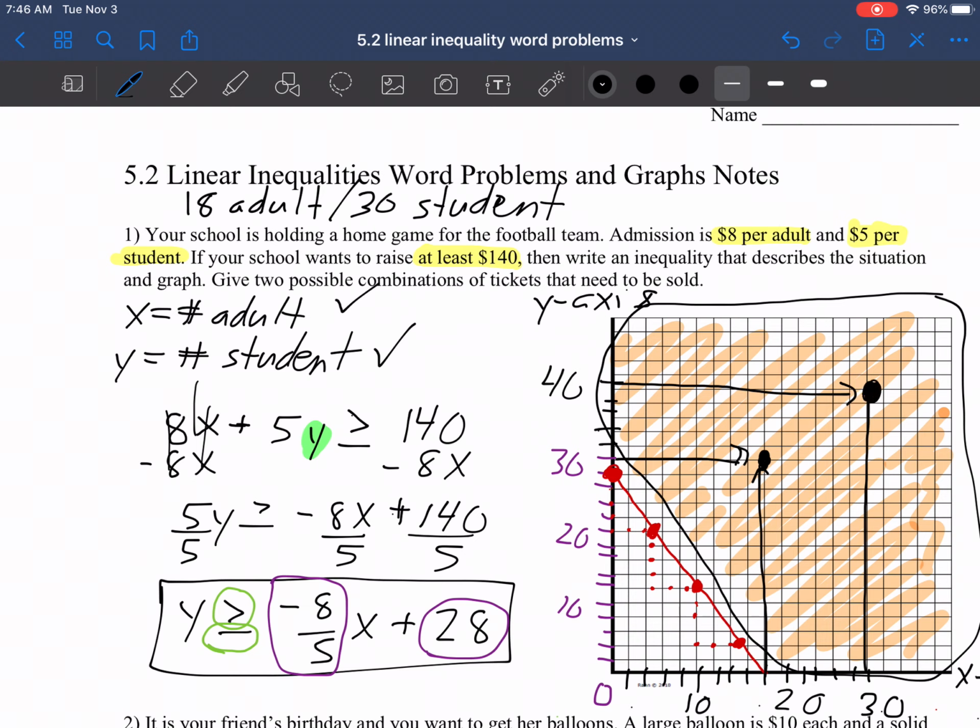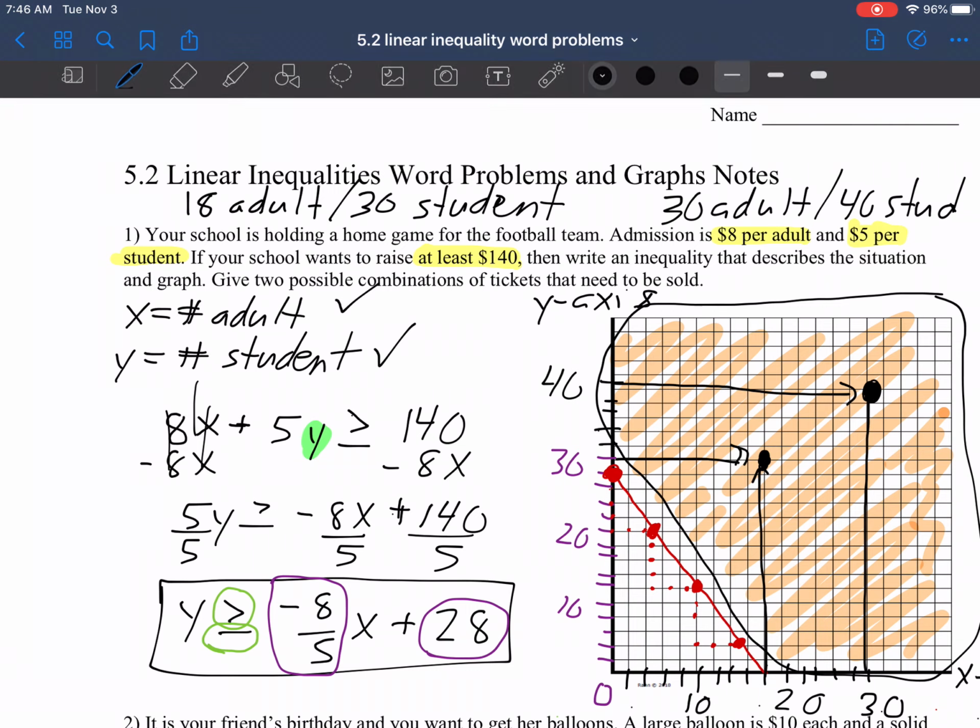Remember, anything in that shaded region would satisfy the inequality. So that is 30 adult tickets with 40 student. And again, I just chose those at random. So that's one example of how you could sort this problem out.